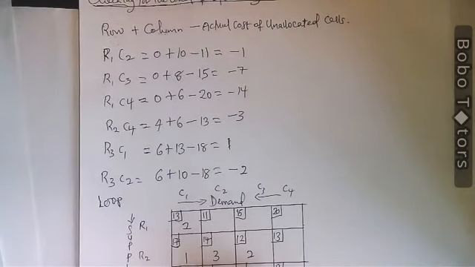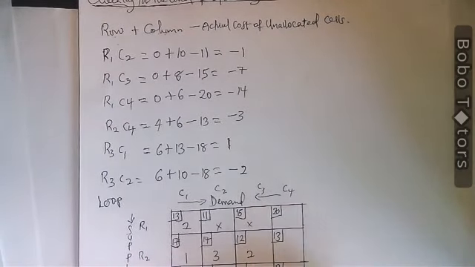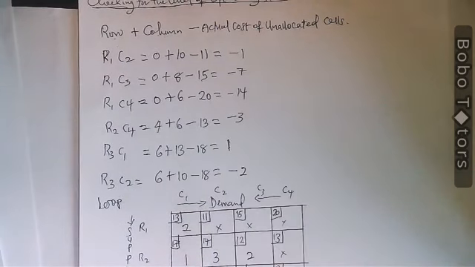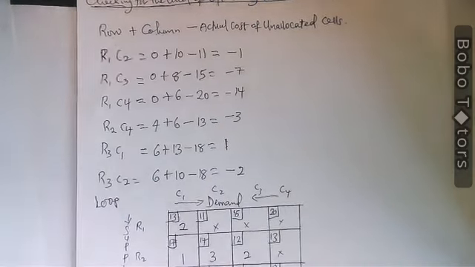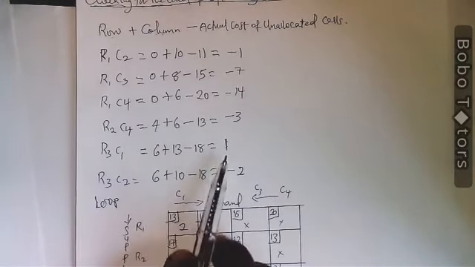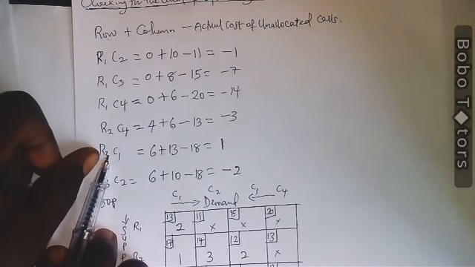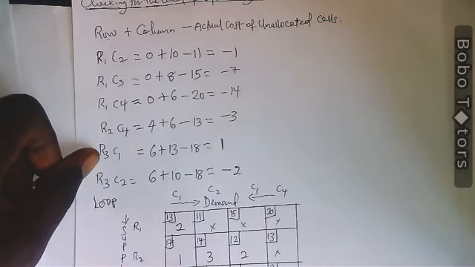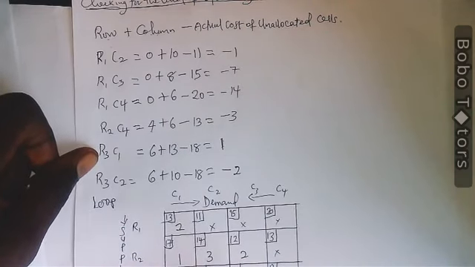Now remember how we allocated this cell. Whenever you are creating a loop, you start from these positive figures. Remember, you want to loop this row 3, column 1. Definitely we are starting from here, row 3, column 1.